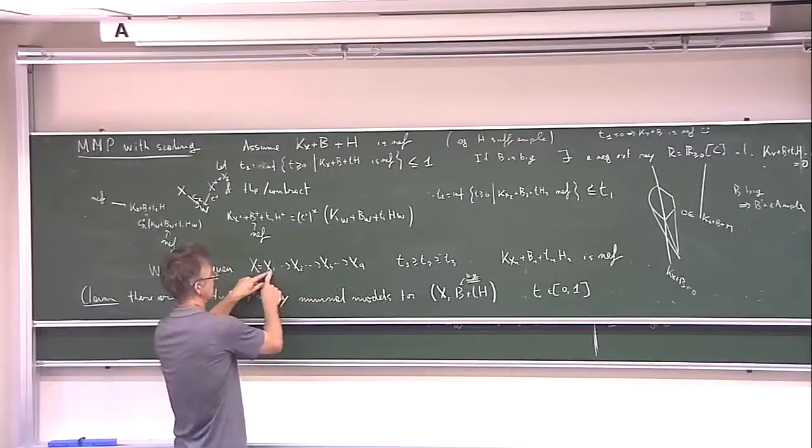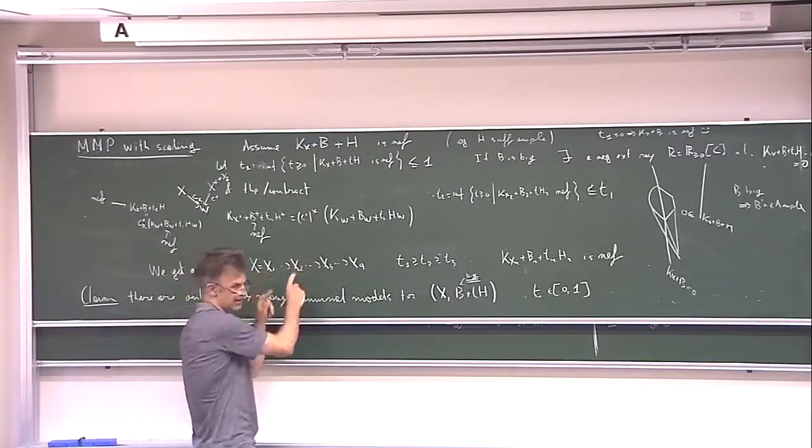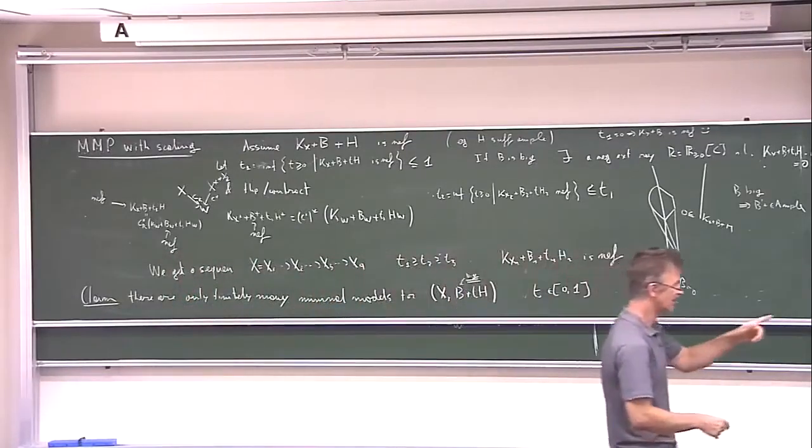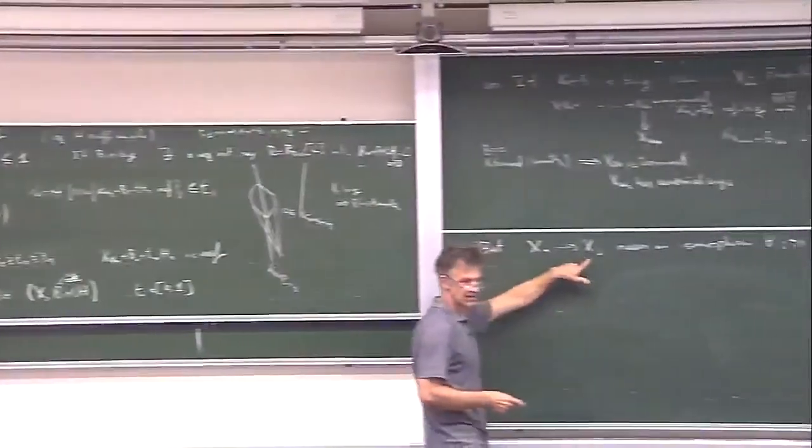Most likely, one and the next one, right? But why is it never an isomorphism?